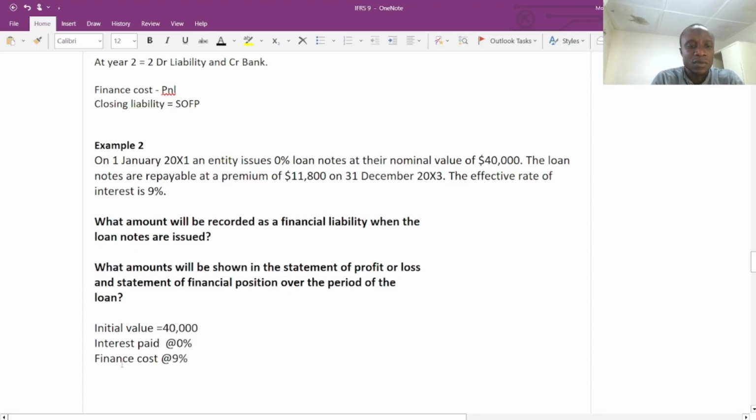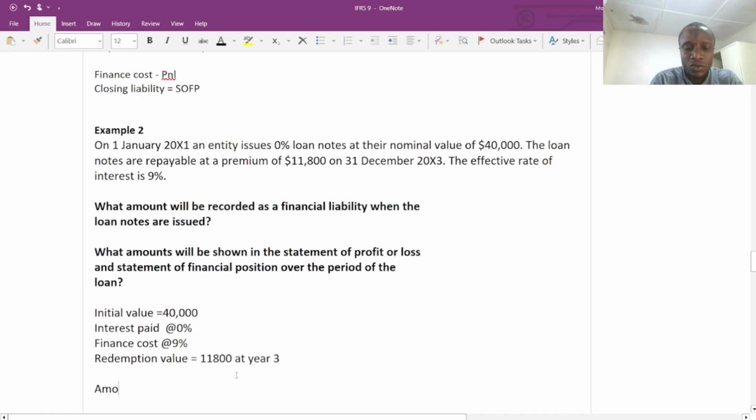The redemption value is 11,800 at year 3.